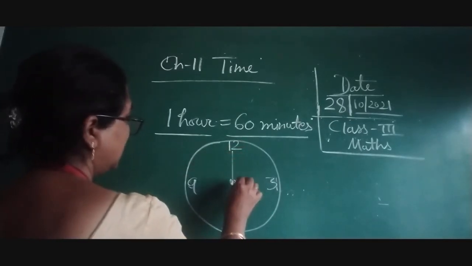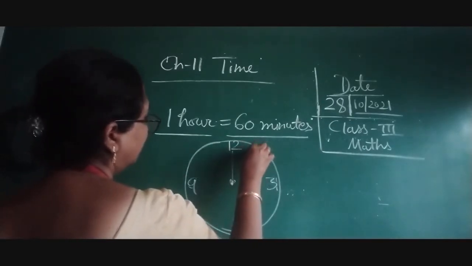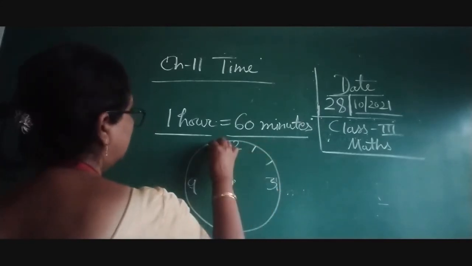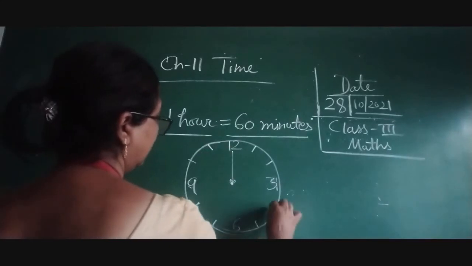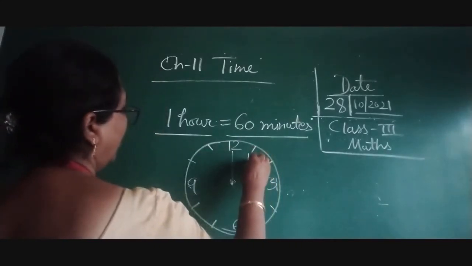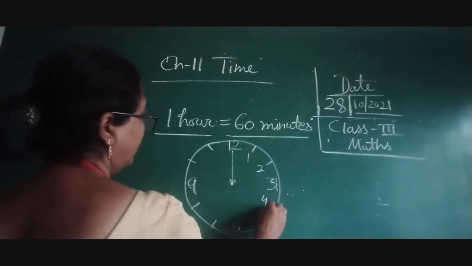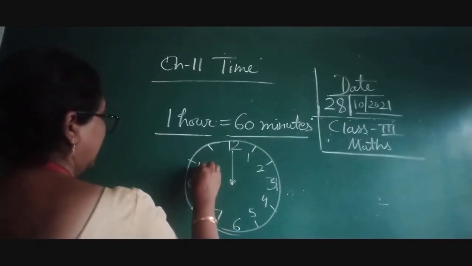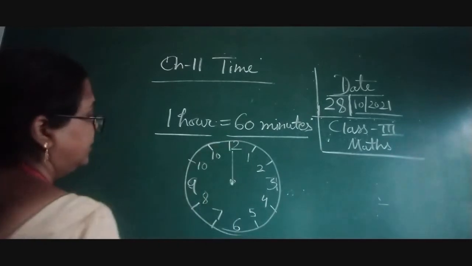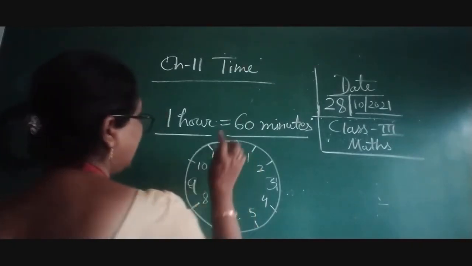The center part is the needle, and here there are two numbers. Here 1, 2, 4 and 5, this is 7 and 8, 10 and 11, children. Here, children, you can see every number.